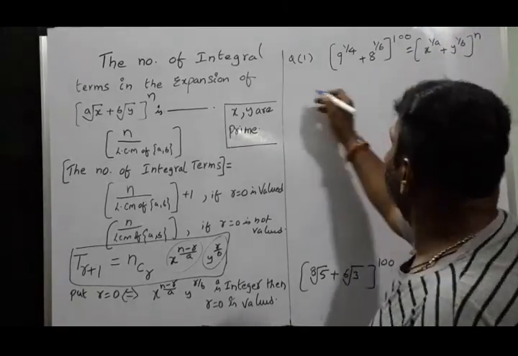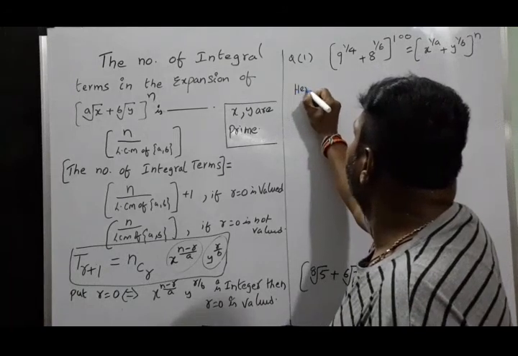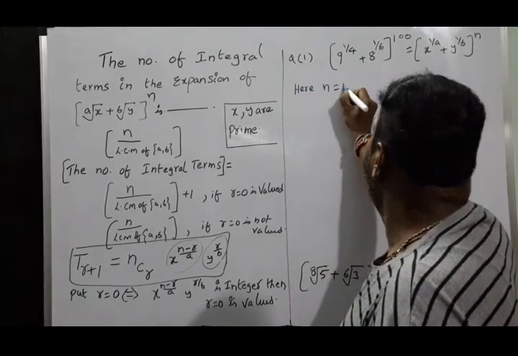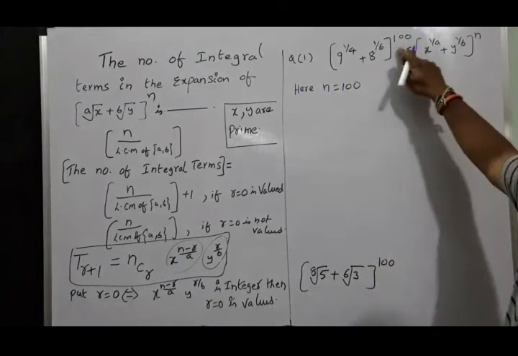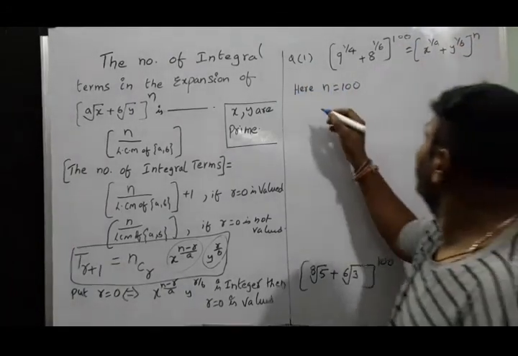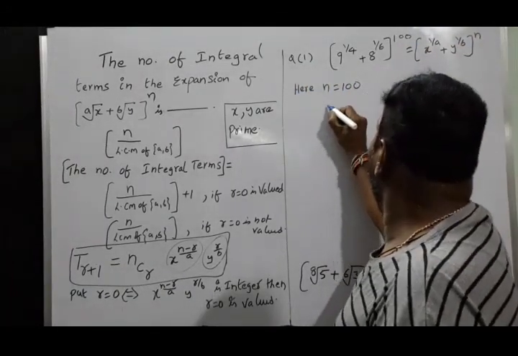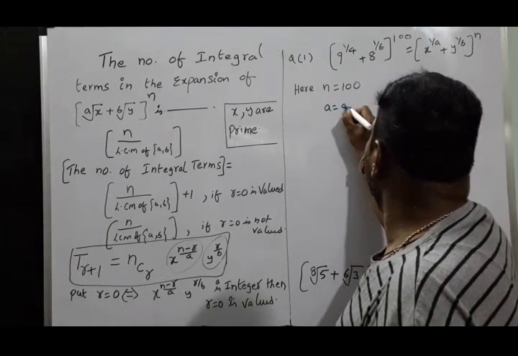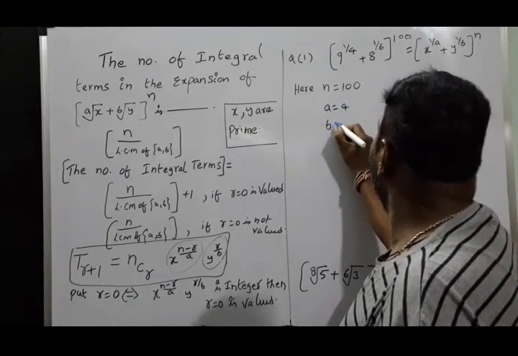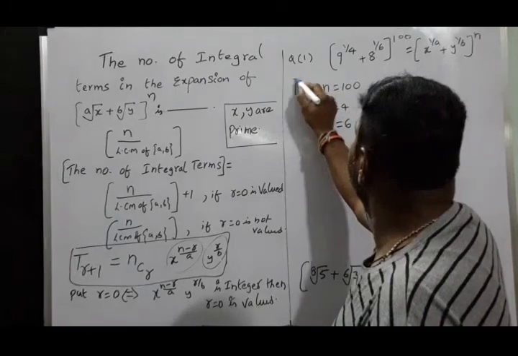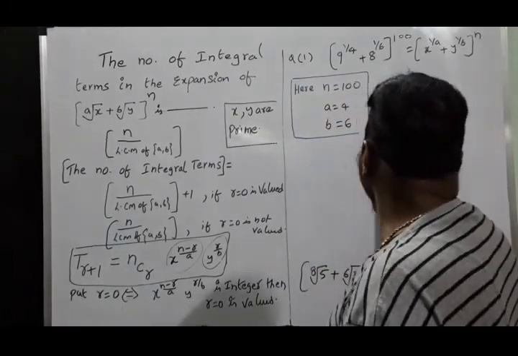Comparing these two, here n = 100, a = 4, b = 6. Is it right or wrong? Tell me.